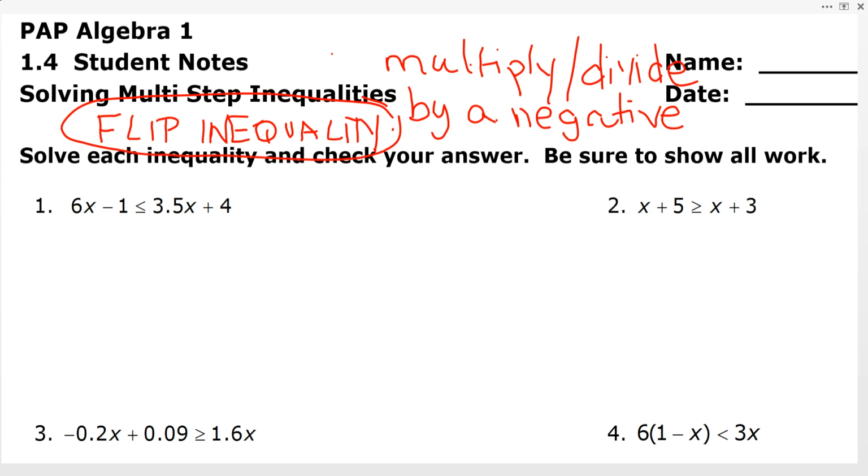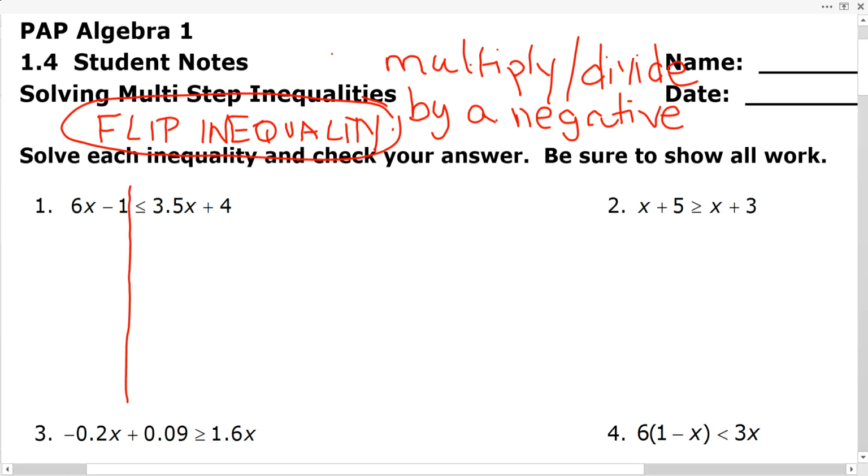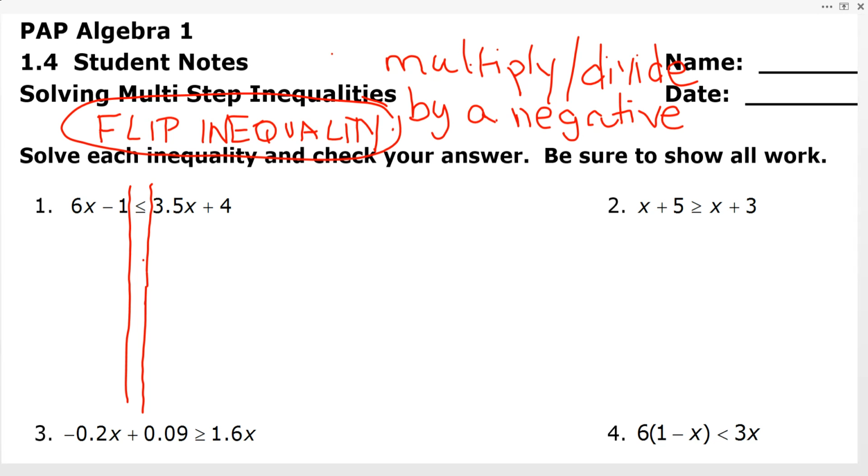Okay, so just like we did when we were solving equations, we're going to draw a straight line down the page, except we're going to make it like a railroad track because we want to keep our inequality in the middle and we want to be able to flip it over if we need to, if we're multiplying or dividing by a negative. So we're going to use the same steps we did when we were solving equations. I'm going to subtract 3.5x from both sides.